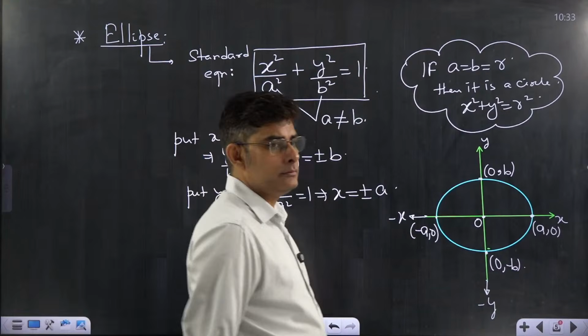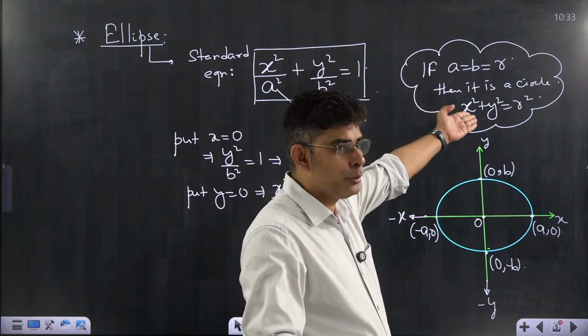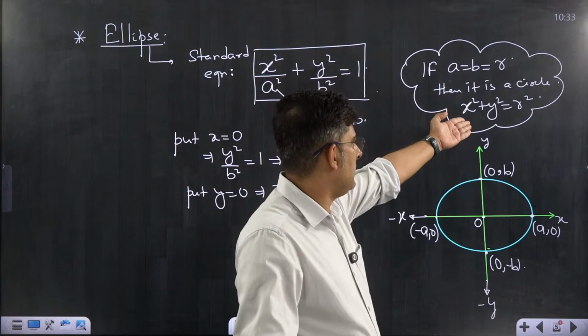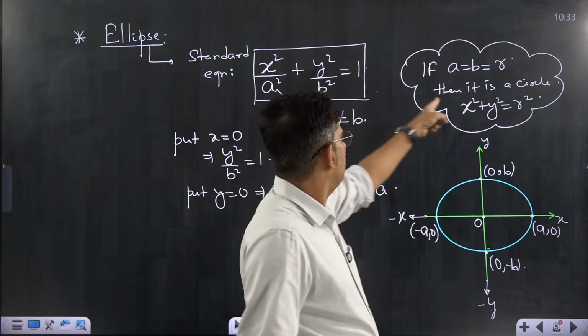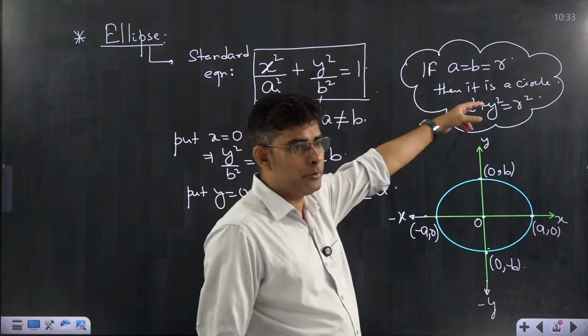If a equals b, the ellipse will become a circle. I have proved it over here. See here, if a and b are r, then x square plus y square will become r square. That is the equation of a circle. I have already proved it over here.